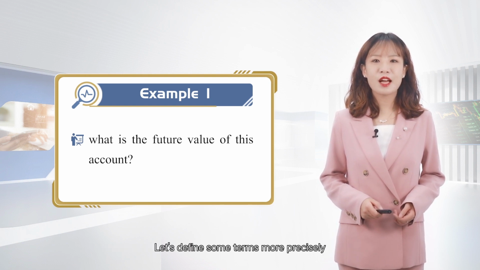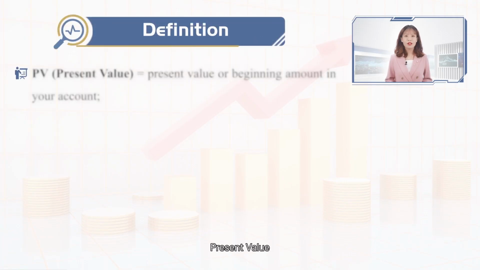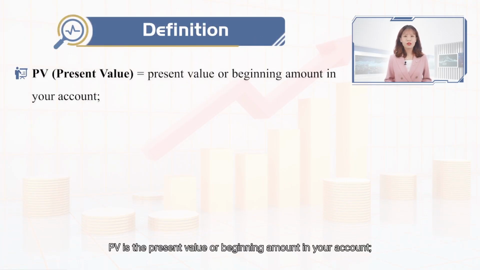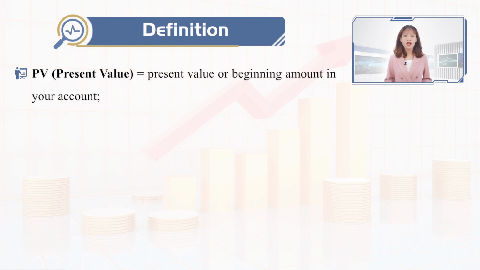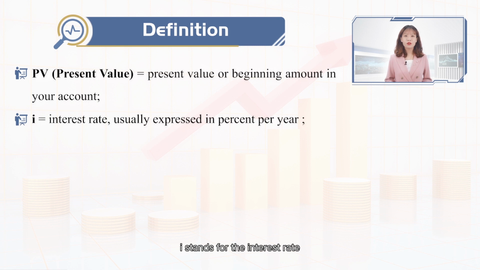Let's define some terms more precisely. Present value. PV is the present value or beginning amount in your account. In this example, it's $1,000. I stands for the interest rate, usually expressed in percent per year.